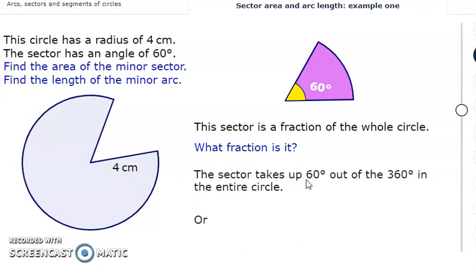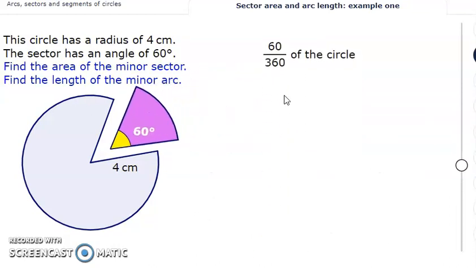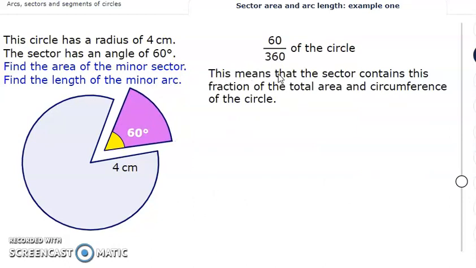Our sector takes up 60 degree out of 360 degree in the entire circle. So the fraction is 60 by 360 of the circle. This means that the sector contains this fraction of the total area and circumference of the circle.